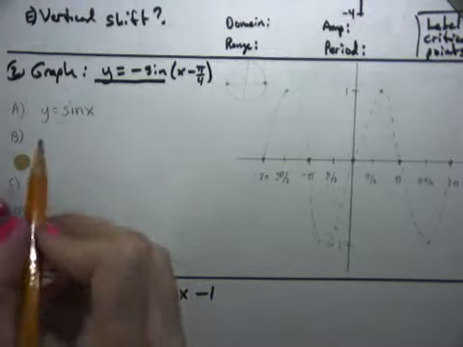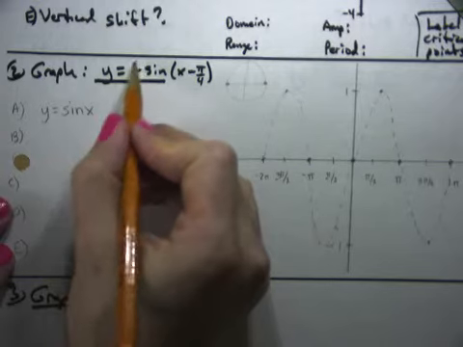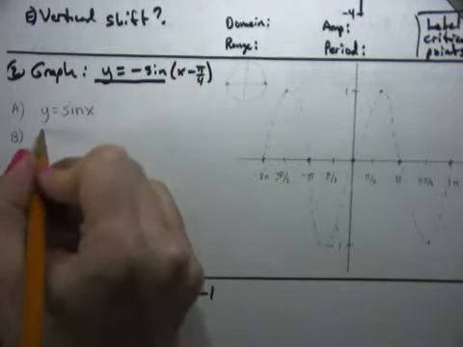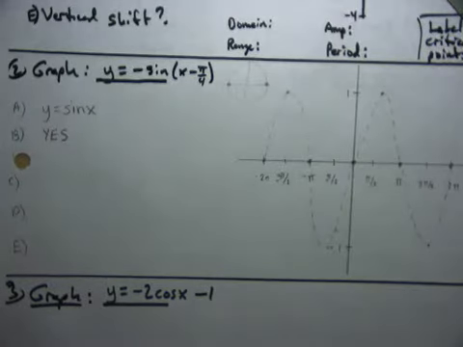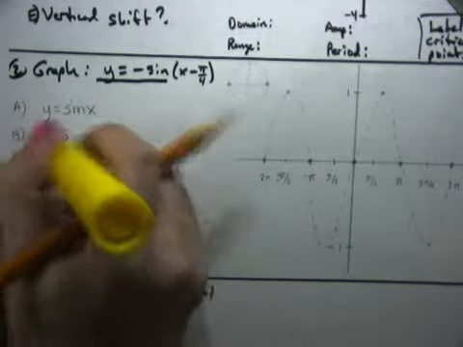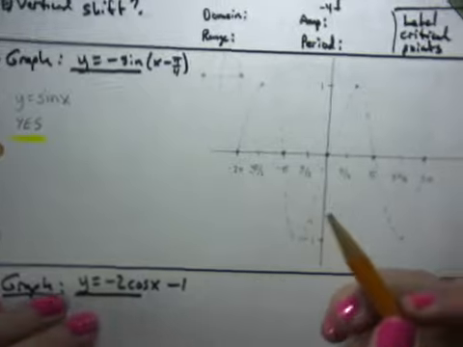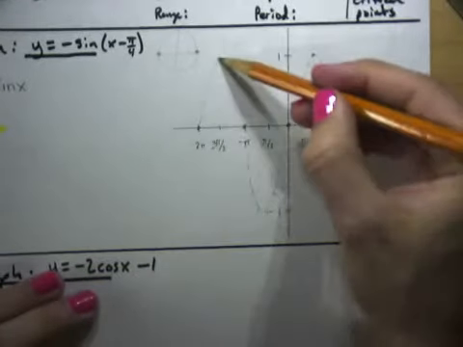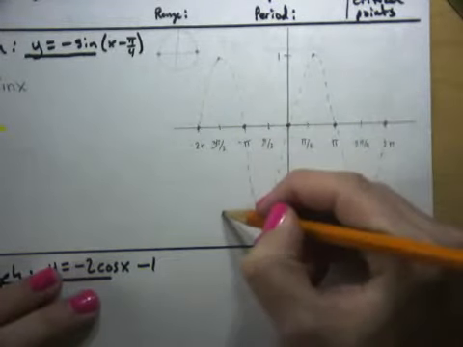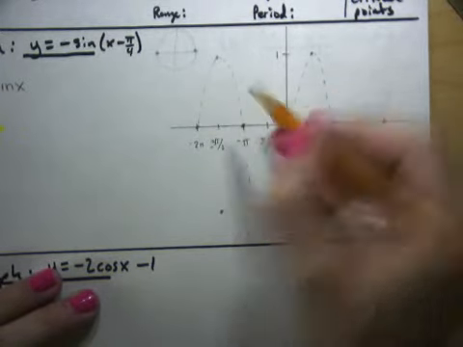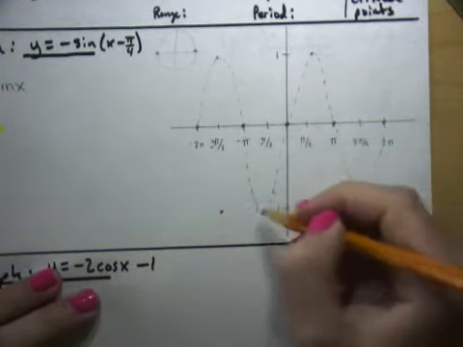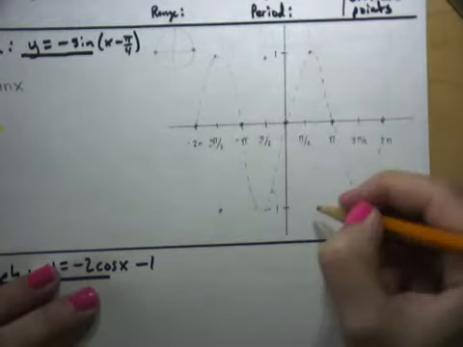So the next question, is this graph reflected? The answer is yes, because we see this negative value in front. A is negative. So yes, it'll be reflected across the x-axis. So the next thing that we'd want to do is take our parent function and reflect this guy. So all the max values will become minimum values. Obviously points that are x-intercepts can't be reflected over the x-axis because this is the line of reflection. And all our minimum values will become maximum values.